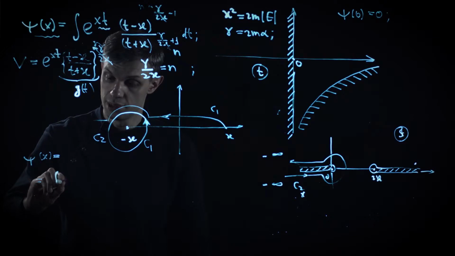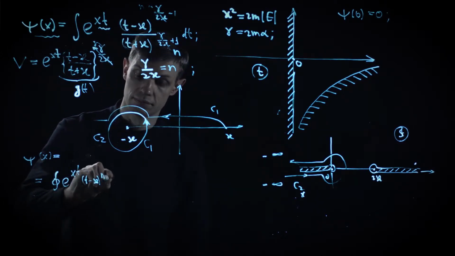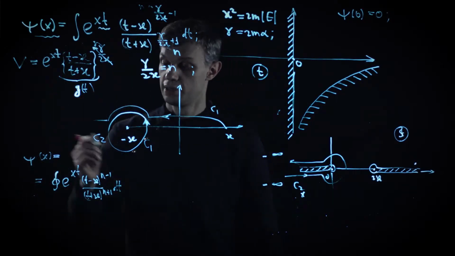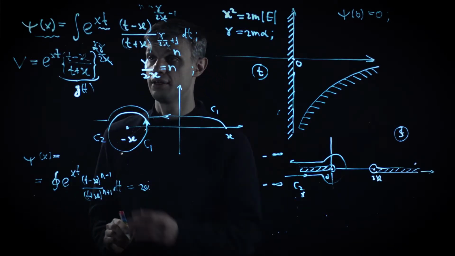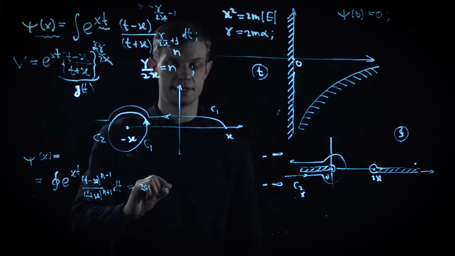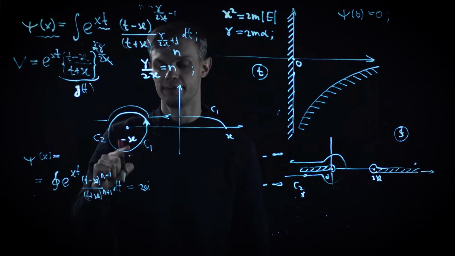So let's write it down. And the wave function is given by the residue at this pole. So it's 2 pi i times the n+1 order residue.